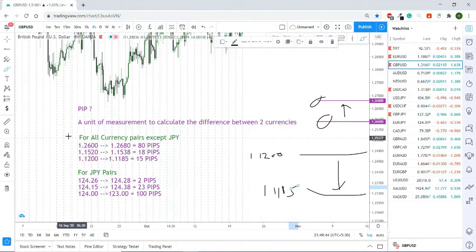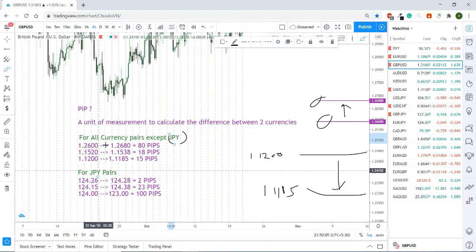A note to consider is that this is defined for all the currency pairs except JPY pairs. This is important because for JPY pairs, we calculate pips with respect to the second decimal place, not the fourth.